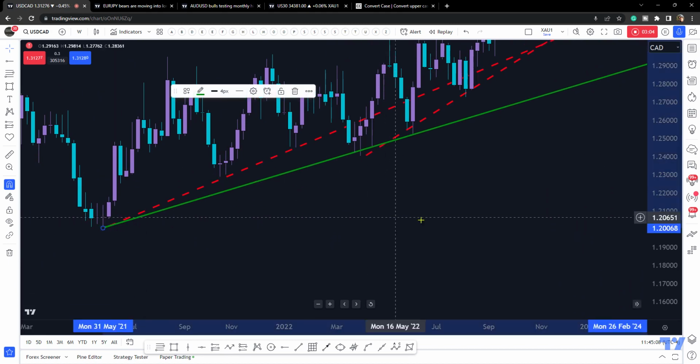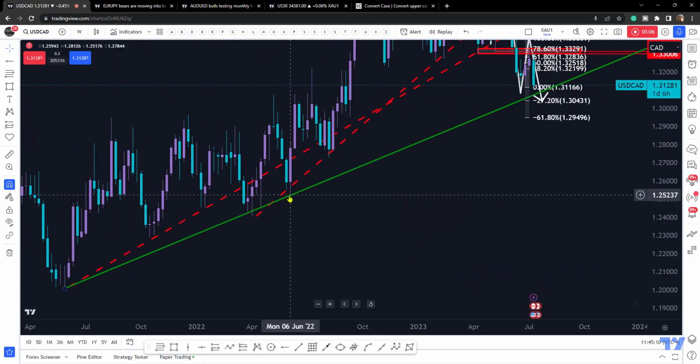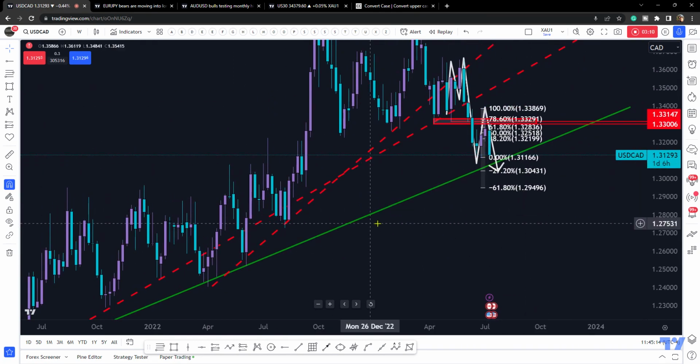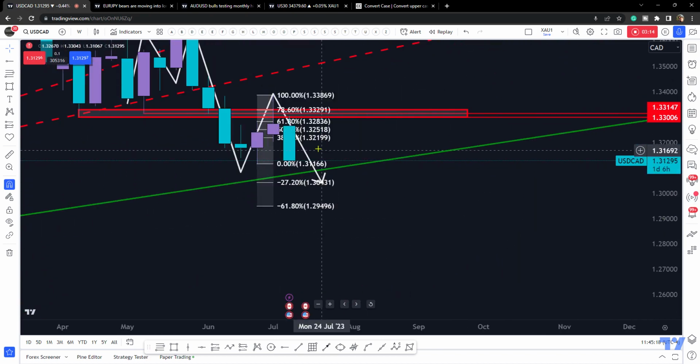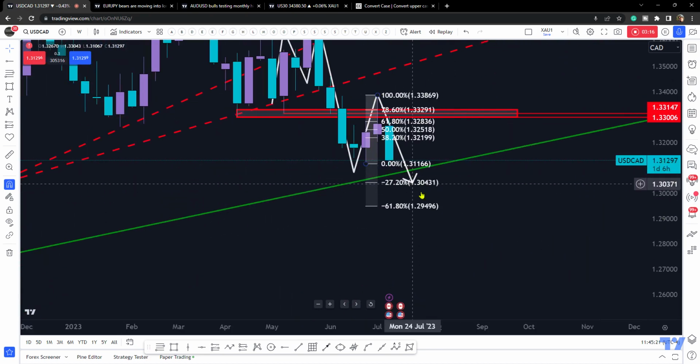Probably get a bit more precise. We're trying to catch that wick there, and it pulls us up to here. So we're coming into that trend line.